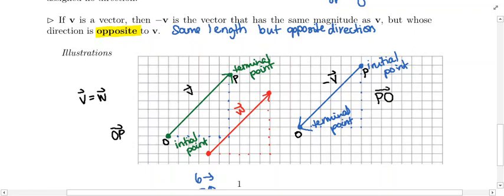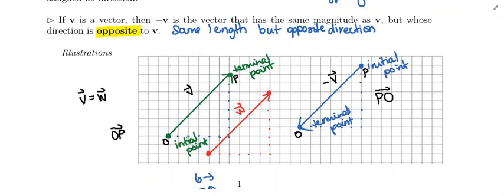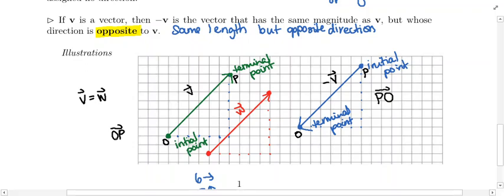That is not the same thing as vector OP. Like I said, if you have vector OP, that's telling you that the initial point is O and the terminal point is P. By putting vector PO, that switches the initial and terminal points. So here, this is the blue vector. Your initial point is P and your terminal point is O. So this is just some of the terminology associated with vectors.